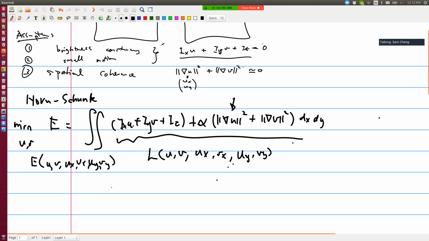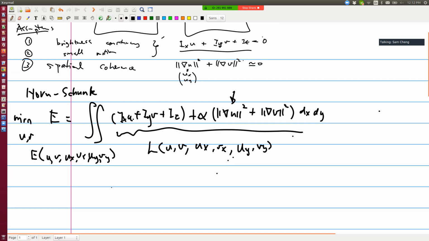Now, how do I minimize that? I want to find the UV such that I minimize this E, and one way to think of that is as if we are doing calculus. Even though E is really a function of a function, you can think of E as some function in some high dimensional space.